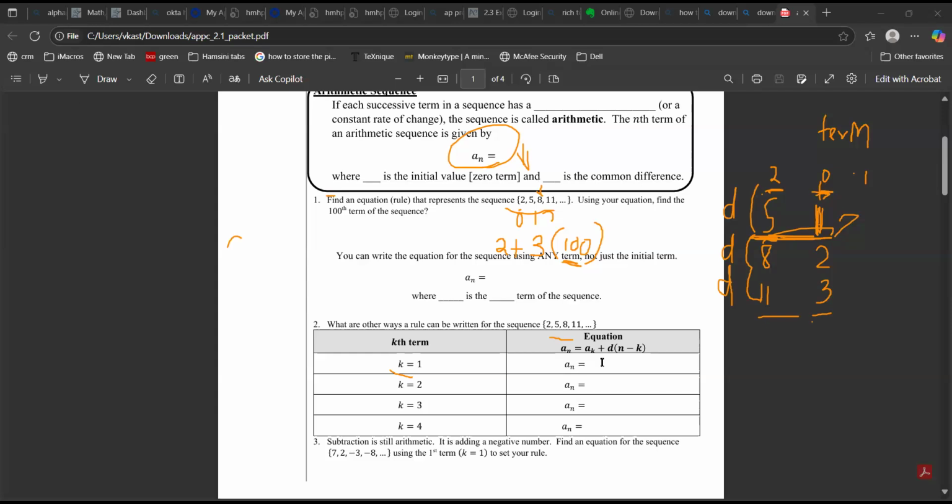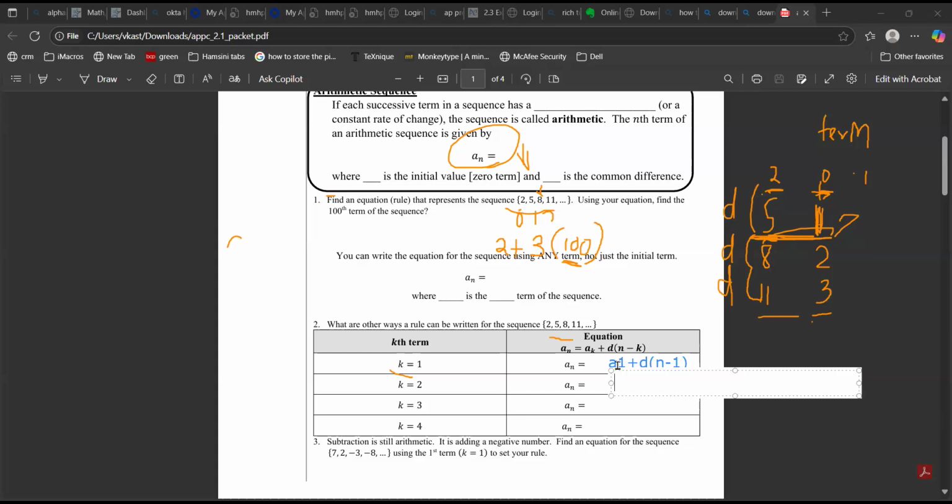Here, I would write a_n will be equal to, so I'll start from the kth term. Let's say I'm given the first term of the sequence, so I call that a1, plus d times n minus k, which is 1. So if I start from the first term, I will add n minus that term common differences. Does that make sense?